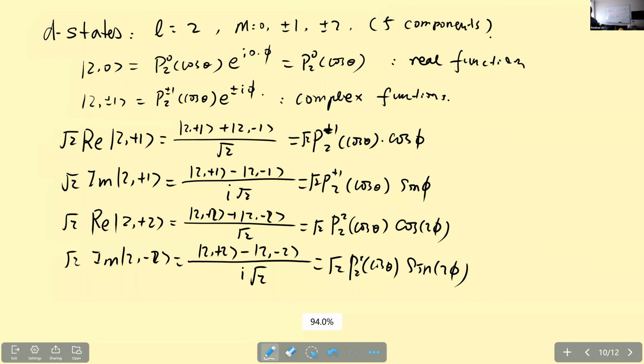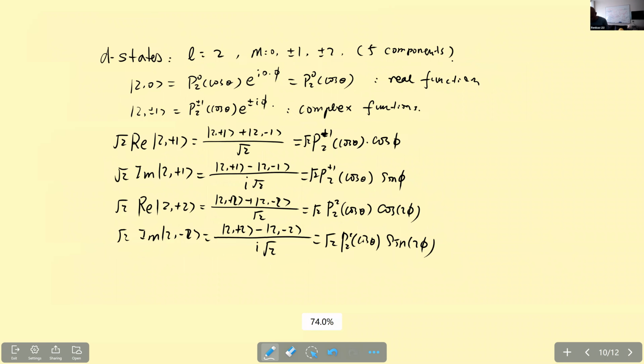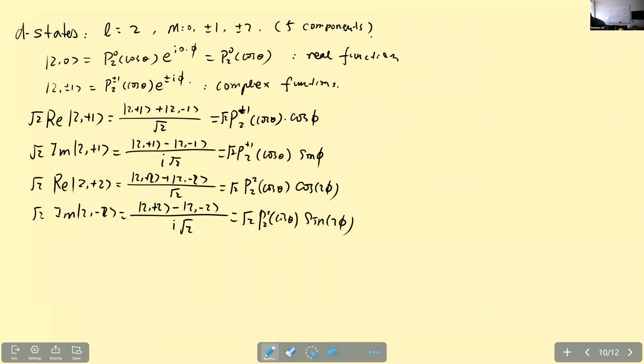For your convenience, let me take all the associated Legendre functions and copy them right here. P_2,0 is one thing we need.